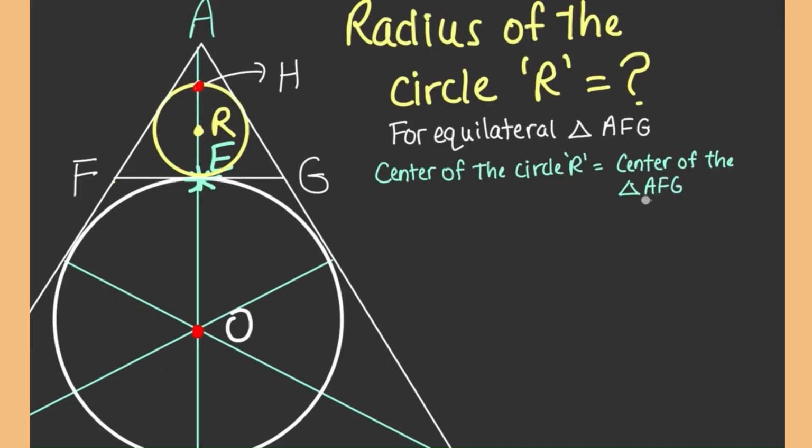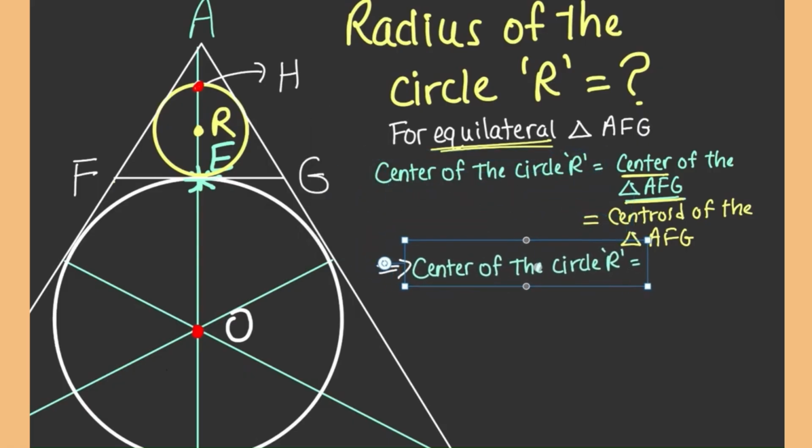That is because this triangle is equilateral. And since it is equilateral, the center of this triangle is the same as the centroid of this triangle.